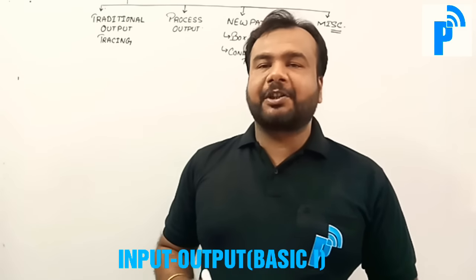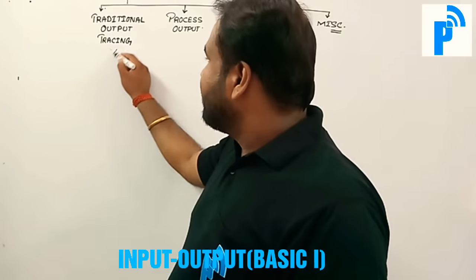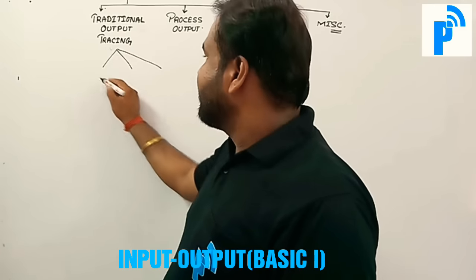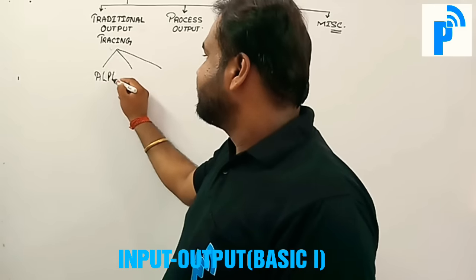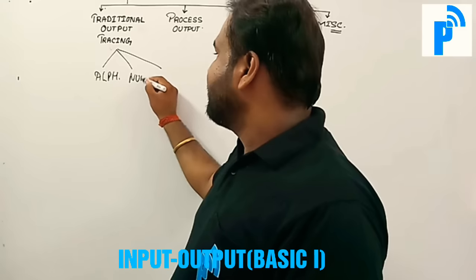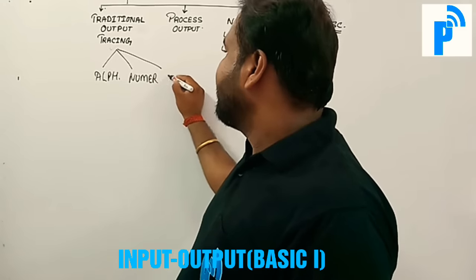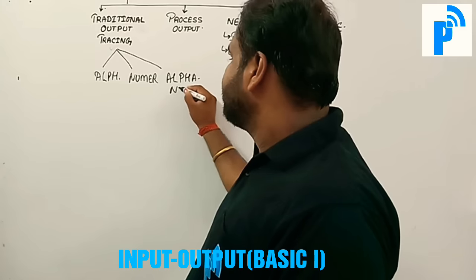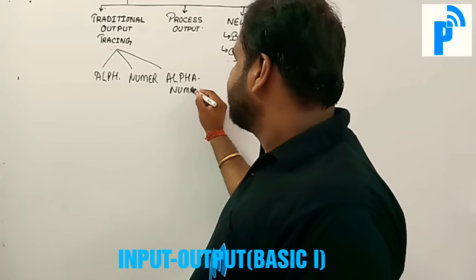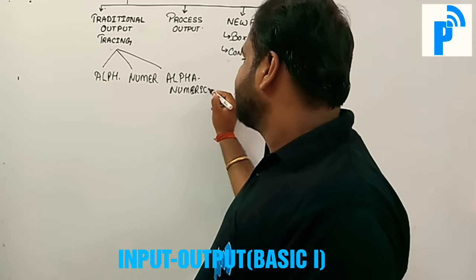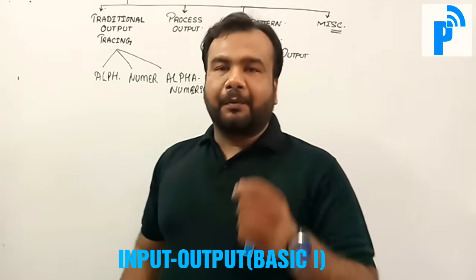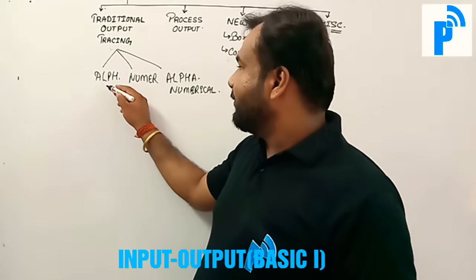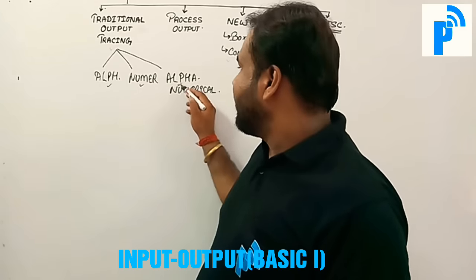When we talk about traditional output tracing, here we have three different kinds of segments: alphabetical, numerical, and alphanumerical. So we will begin with the alphabetical, then numerical, then alphanumerical.